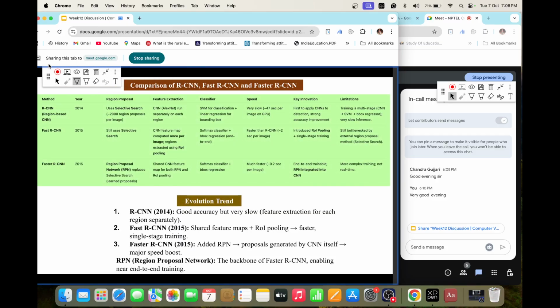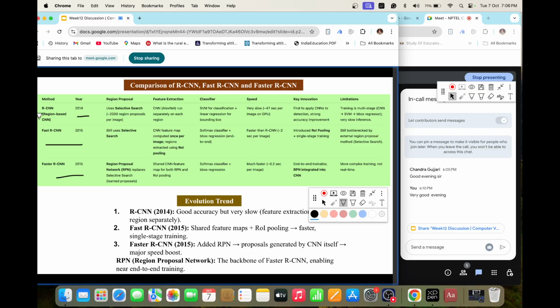So this is the overall summary. We have RCNN introduced in 2014, Fast RCNN in 2015, and Faster RCNN again in 2015. RCNN is region-based CNN, and CNN is nothing but convolutional neural network.